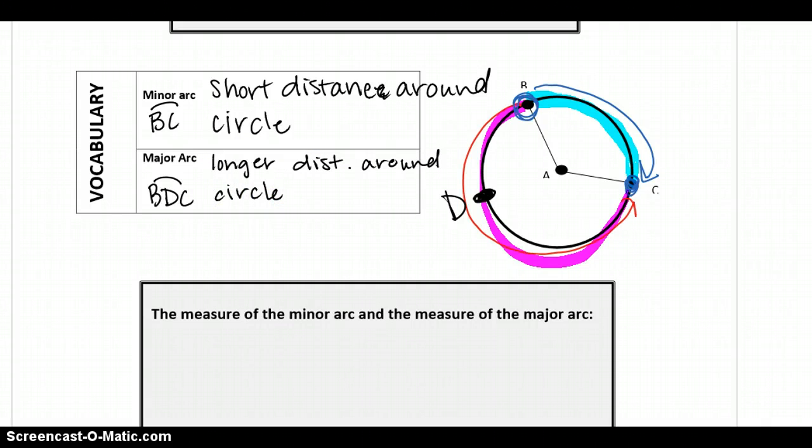Because if we called both of them BC, how would you know which one was minor and which one was major? So I have to pick a point D over here. I can label it and say I'm going from B to C, but the way that passes through D.